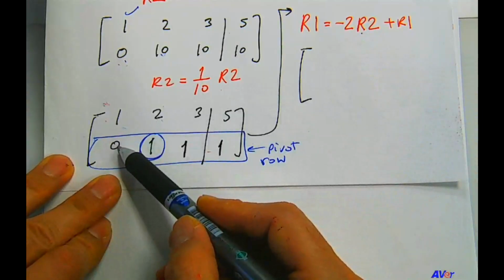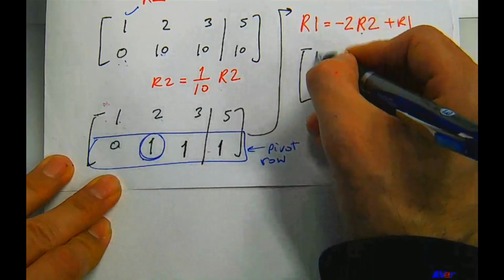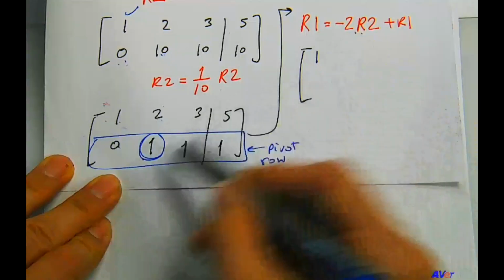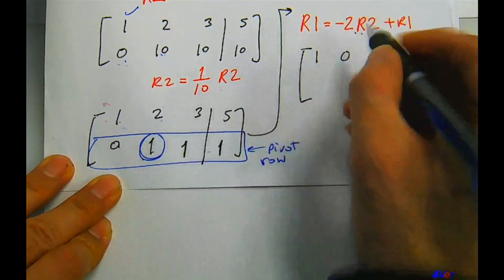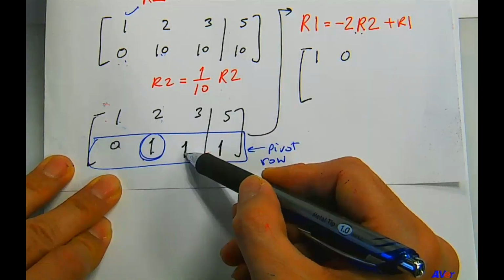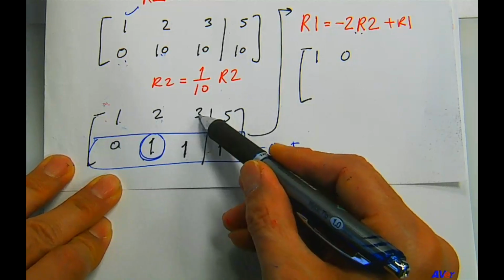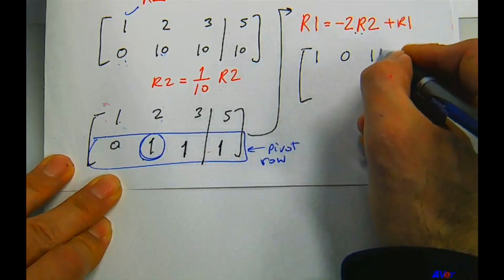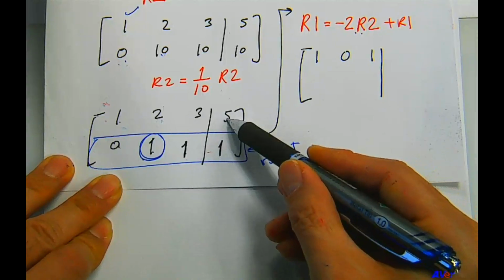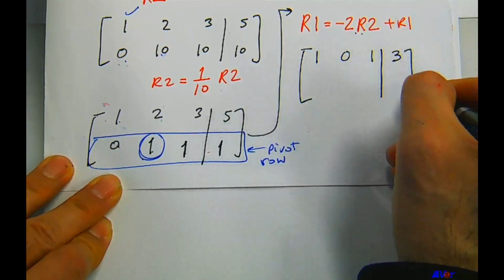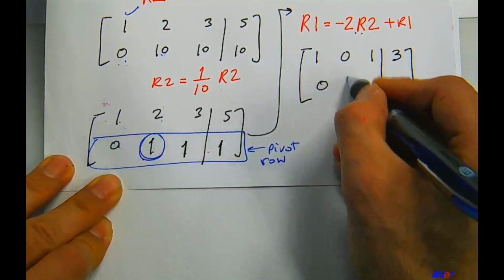Minus 2 times 0 is 0, plus 1, 1. Minus 2 times 1 is minus 2, plus 2, 0. Minus 2 times 1 is minus 2, plus 3, positive 1. Minus 2 times 1 is minus 2, plus 5 is 3. And the second row just stays where it was.